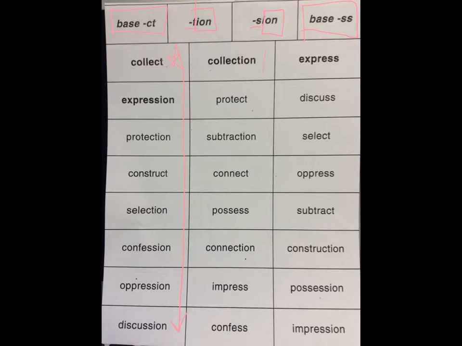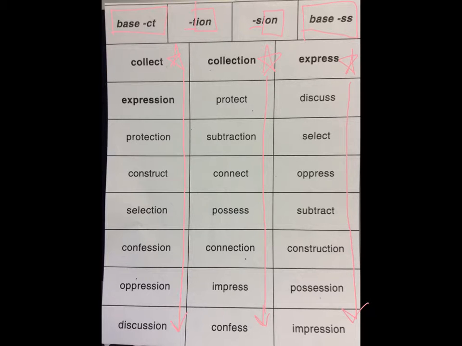Then we have collection, protect, subtraction, connect, possess, connection, impress, and confess. Last column, we have express, discuss, select, oppress, subtract, construction, possession, and impression.